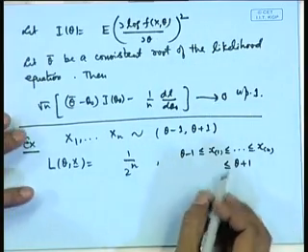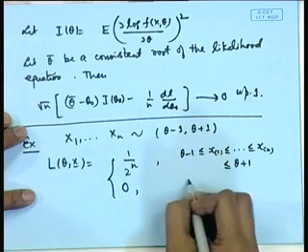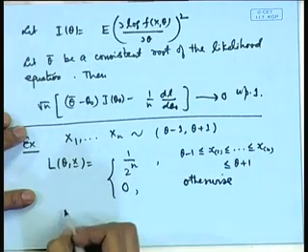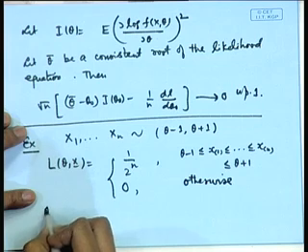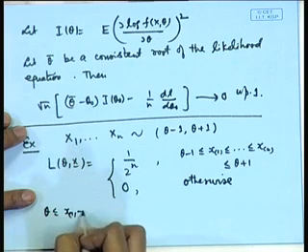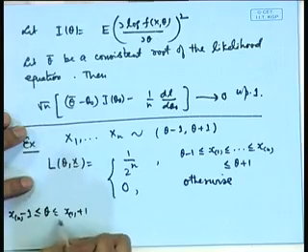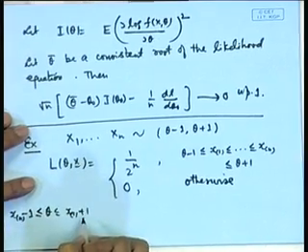So, you can see here that theta is less than or equal to x 1 plus 1 and it is also greater than or equal to x n minus 1. So, any value of theta between these two limits will be maximum likelihood estimator.